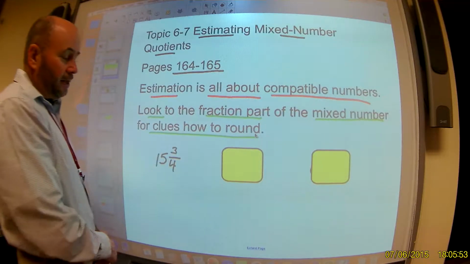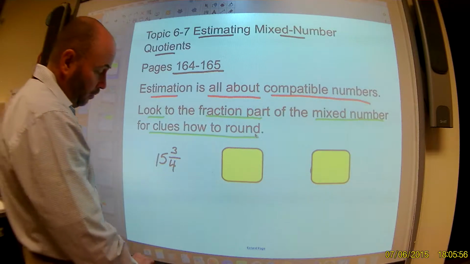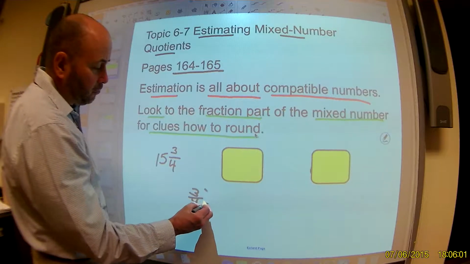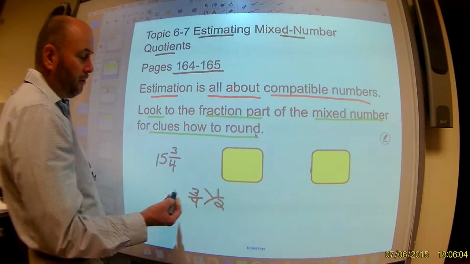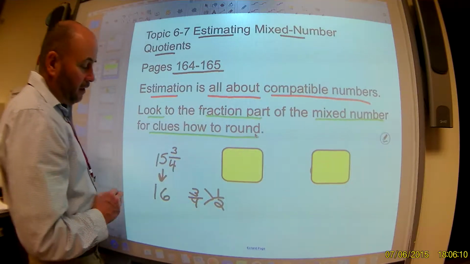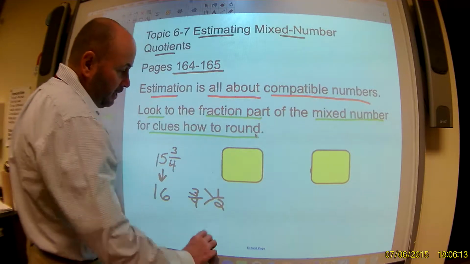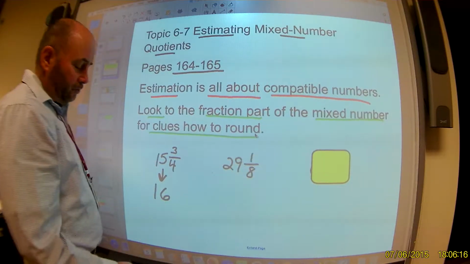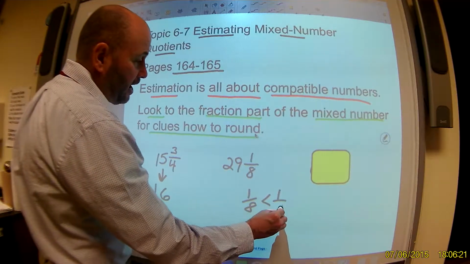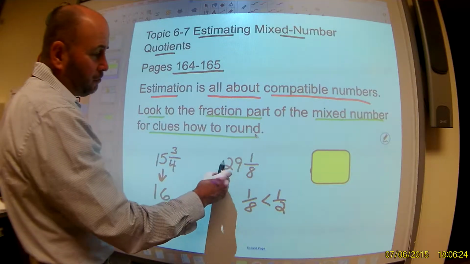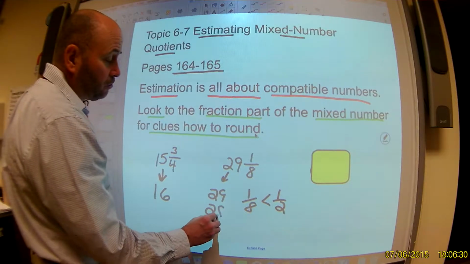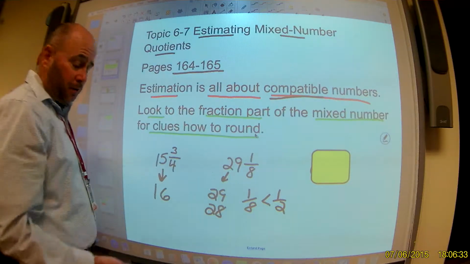Take the mixed number 15 3/4. If you look at the fractional part, 3/4 is greater than a half. So it tells you that if you're going to round 15, it's probably better to round it up to 16. The next example is 29 1/8. Well, 1/8 is definitely less than a half, which means if you're going to do any rounding with 29, you're probably going to want to leave it the same or round it down to a number that is compatible with your other numbers.